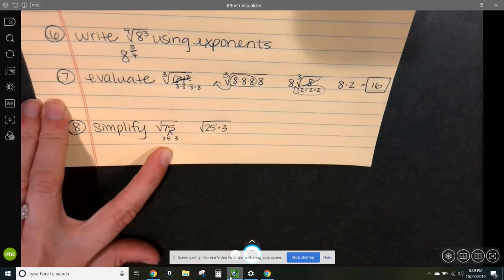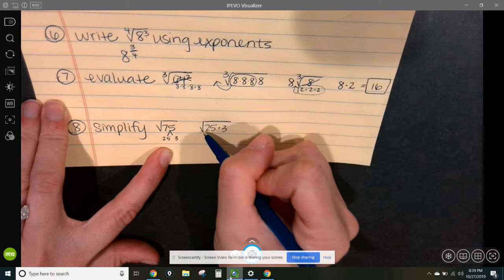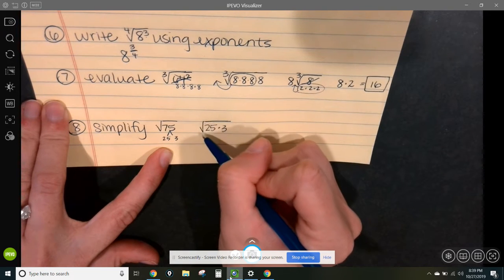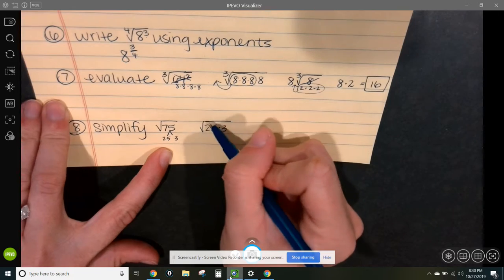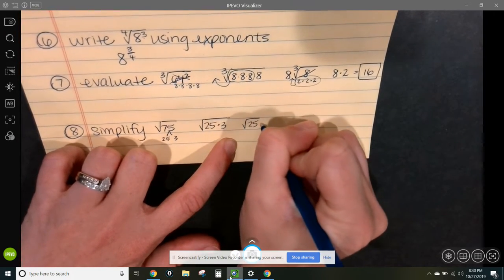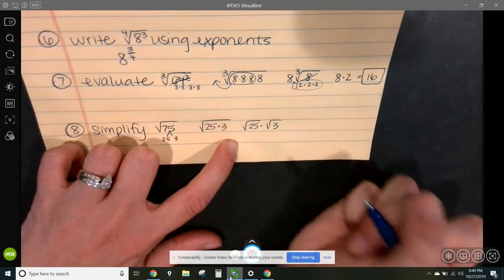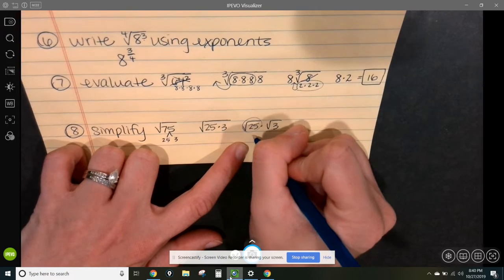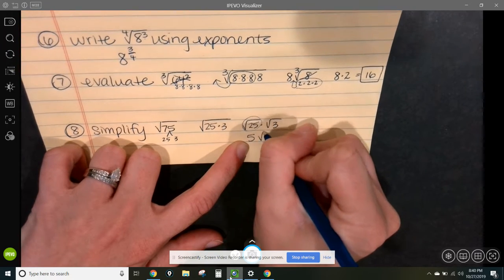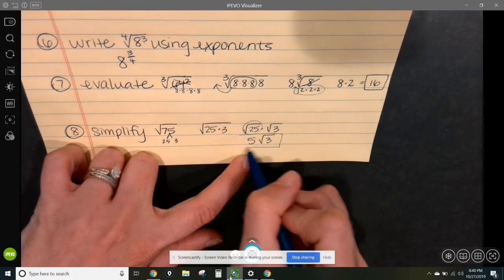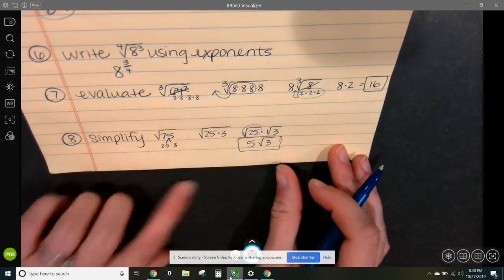Well, I know that 25 is a perfect square. So if I just take the square root of 25, that's 5. So I'm going to rewrite this as the square root of 25 times the square root of 3. So I know the square root of 25 is 5. I don't know the square root of 3 because it's not a perfect square. So this is as far as you can simplify that problem.